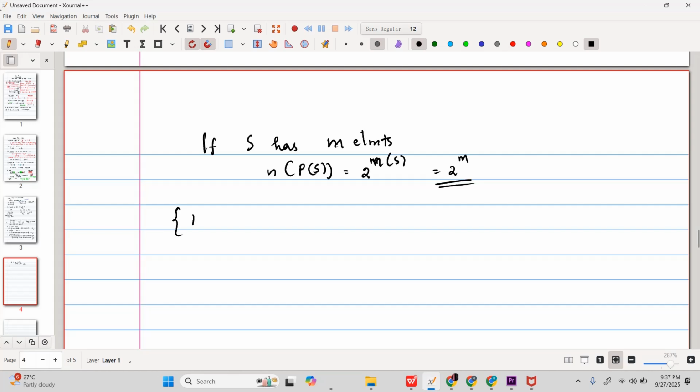If the elements are like 1, 1, 2, 2, 2, 3, 3, 3, 3, it's actually 1, 2, 3. If there is a repetition of numbers, there is no need for a set to express that. Okay, so the repetition is not needed for a set.